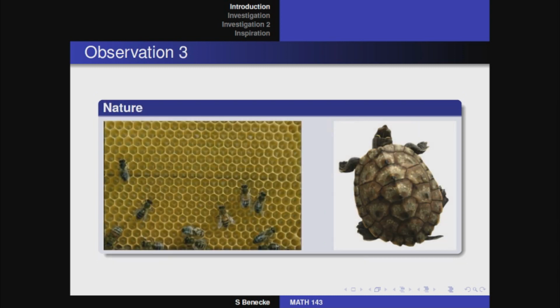You also see this concept in nature. The hexagon is used to fill a surface. The sort of similar shapes on the shell there are used to fill that surface.